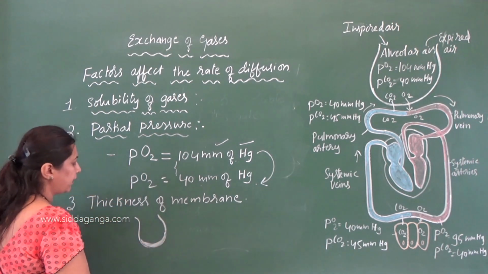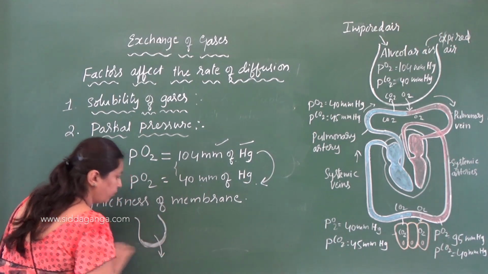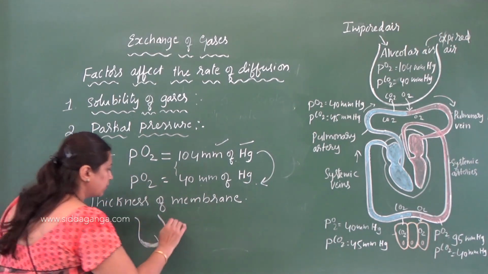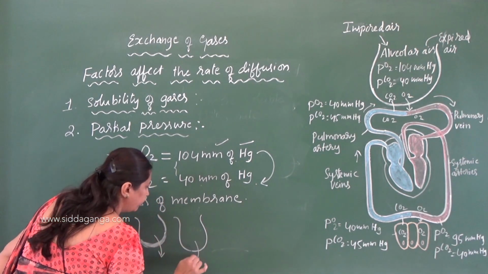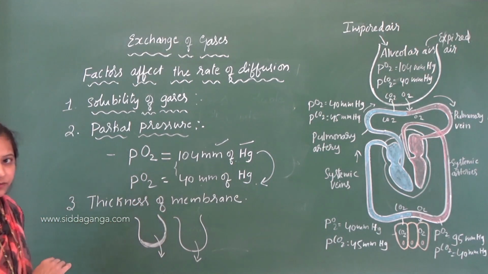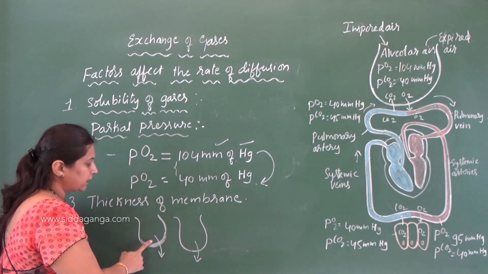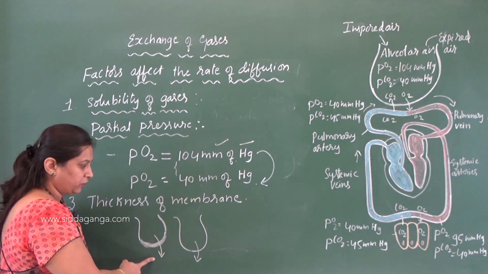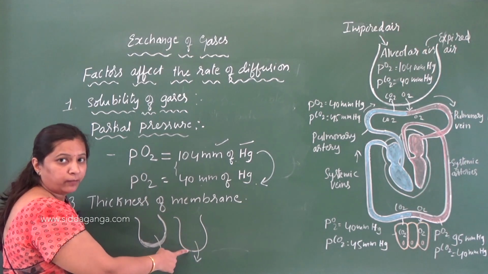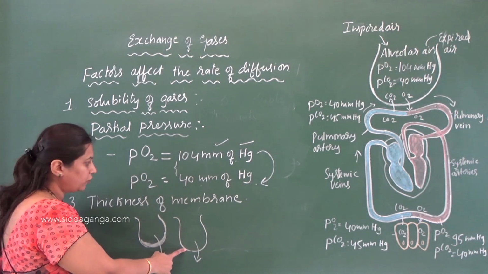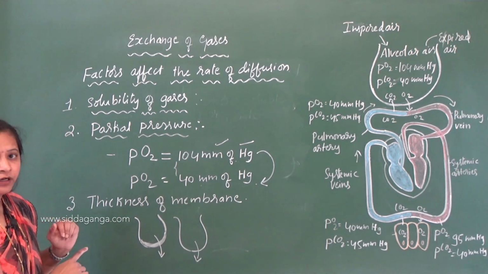The more the membrane thickness, the slower the rate of diffusion. If the membrane is very thin, the rate of diffusion will be fast. So the more the membrane thickness, the lesser the rate of diffusion, and the thinner the membrane, the faster the rate of diffusion. Understood? So these are the three factors which affect the rate of diffusion.